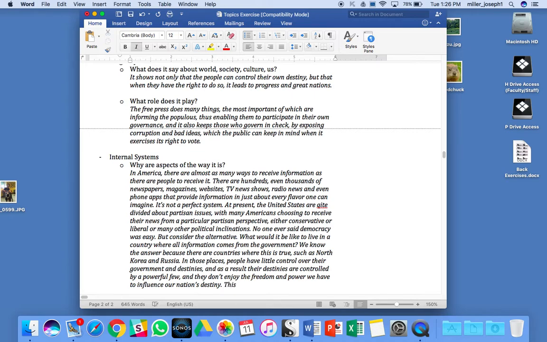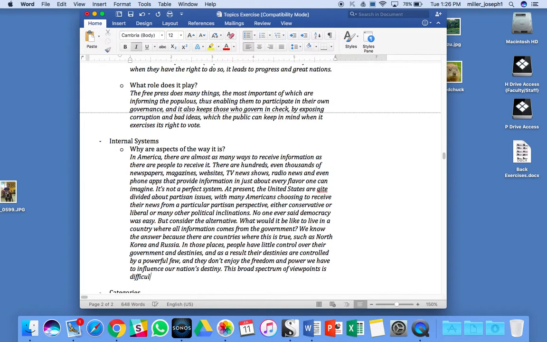This broad spectrum of viewpoints is difficult, but it's what enables us to continue innovating and growing and progressing so as to be the greatest nation on earth.